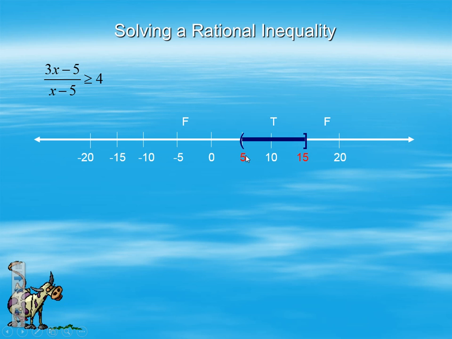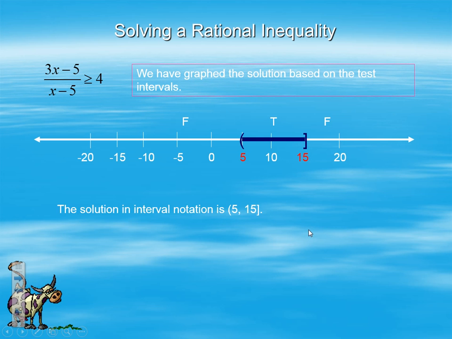When we test the 5, we get a false solution, so we have a parentheses. When we test the 15, we get a true solution, so we use a bracket. So this is our solution graph, and our solution in interval notation is this. From 5 to 15, not including the 5, but including the 15. All real numbers from 5 to 15, but not including the 5.